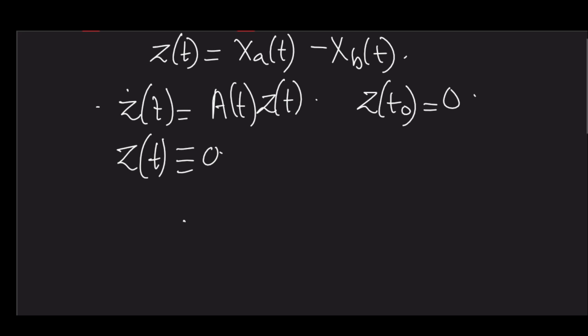It is a linear homogeneous equation, so that is why you can always get a trivial solution. Now let us do integration of this whole thing and see what happens. So if you integrate, what will you get?